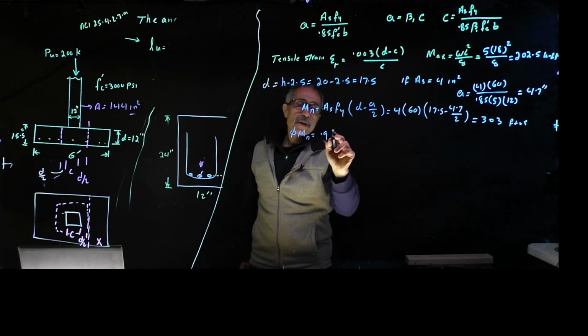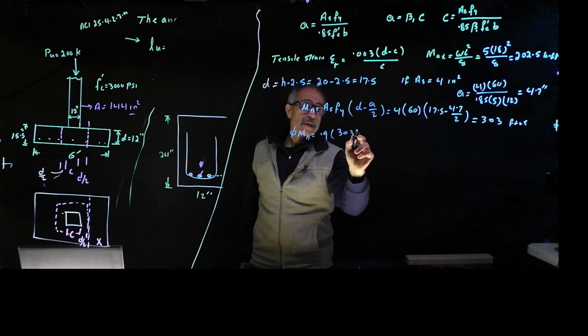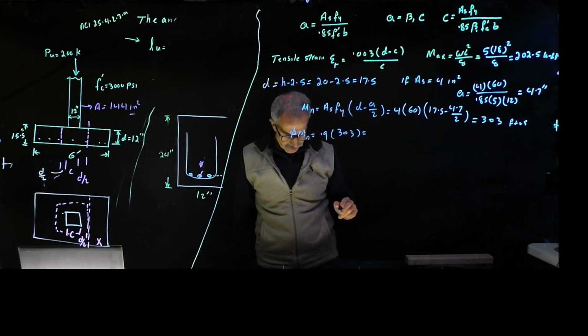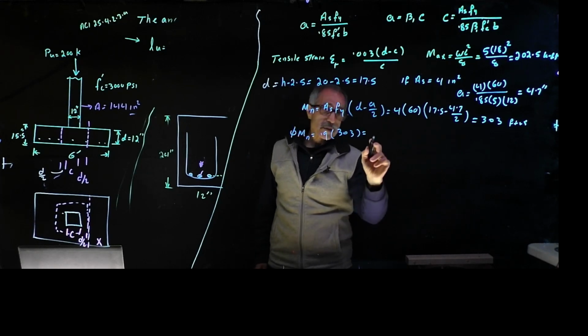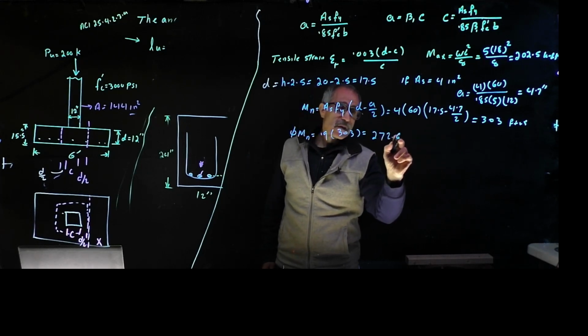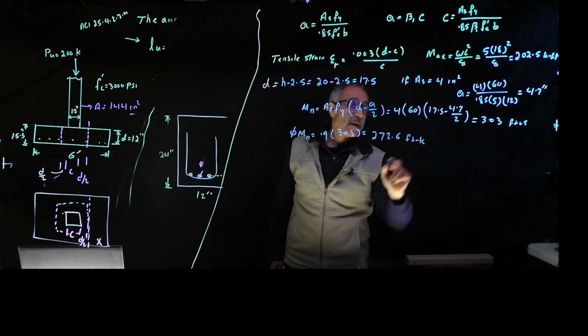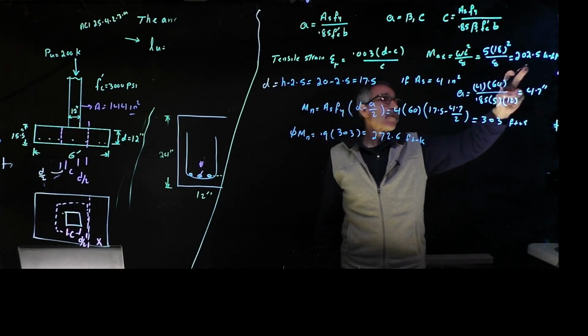So I have to make 0.9 times 303, and that will give me 272.6 foot-kip. And our maximum came out to 202.